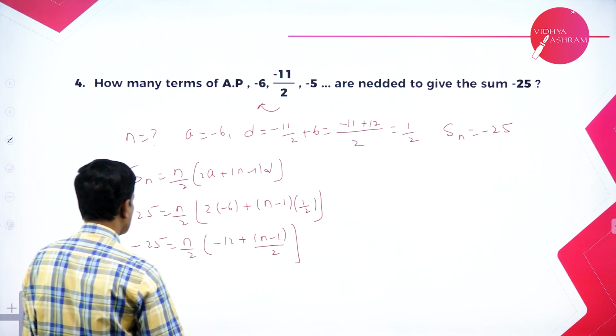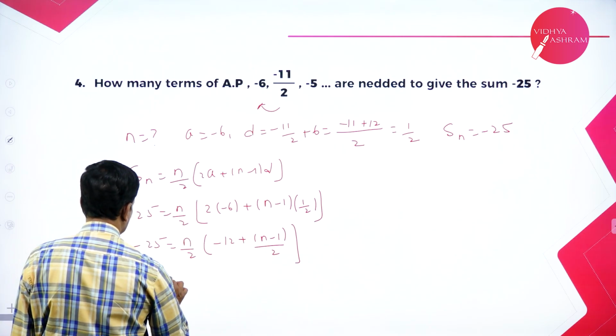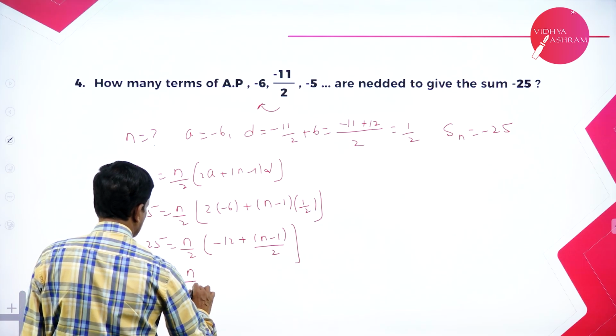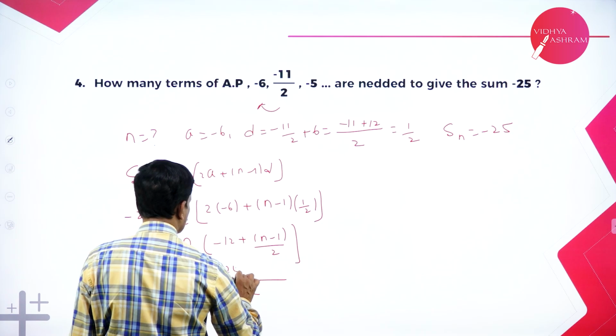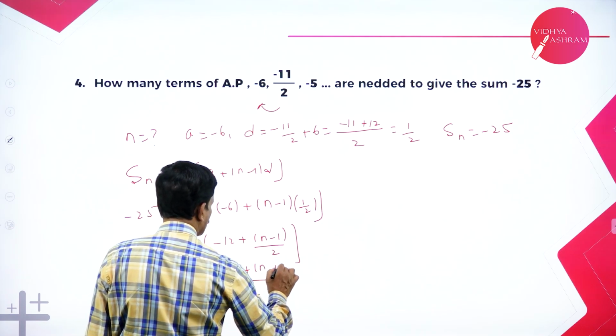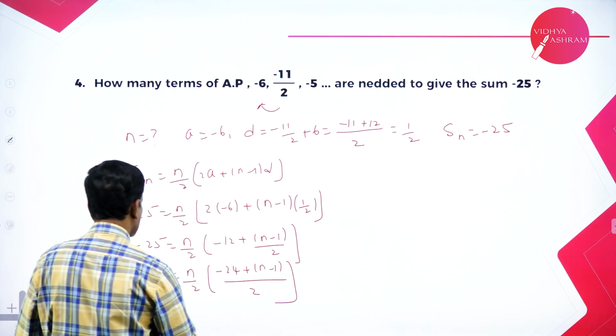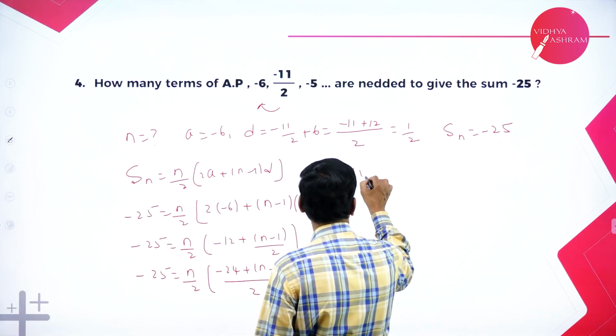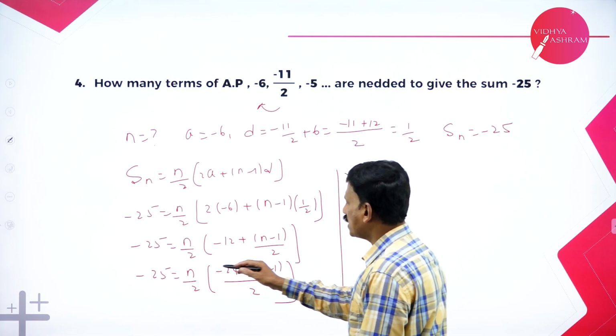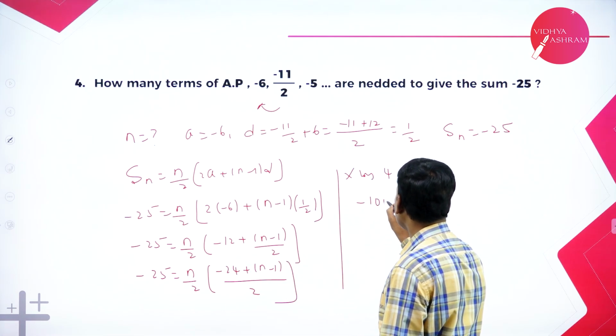Right. Now just take LCM and simplify. -25 is equal to n/2 into, 2 is the LCM, (-12 twos are -24 plus n minus 1). Now cross multiply. 2 twos are 4, so multiply by 4. What will you get? -25 into 4 is -100.